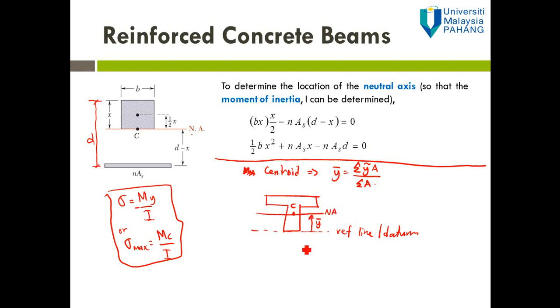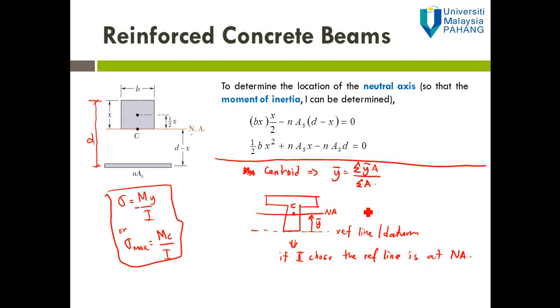Now, what happens if I choose the reference line at the neutral axis?